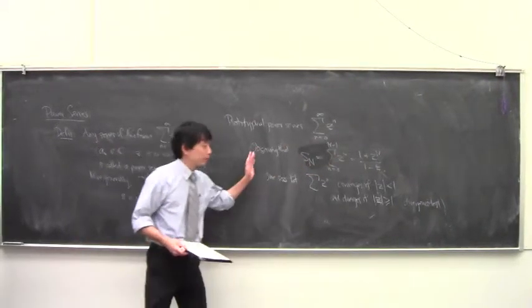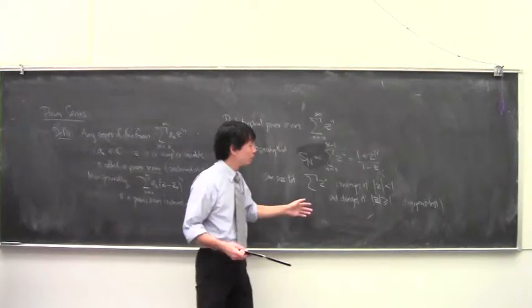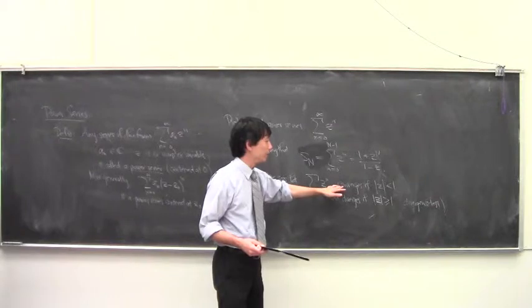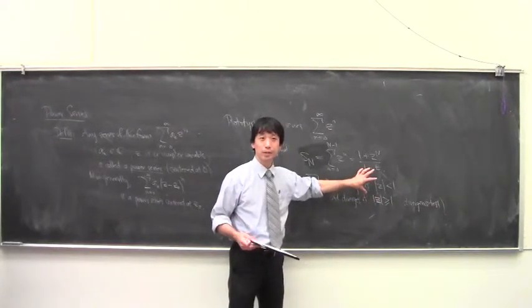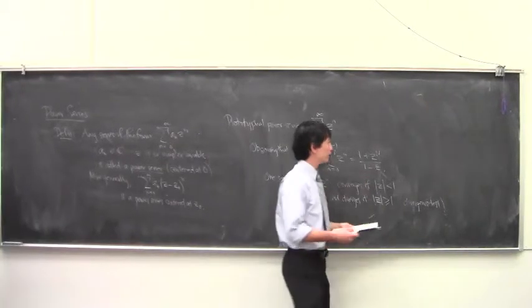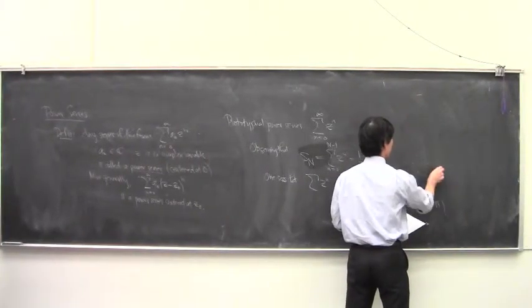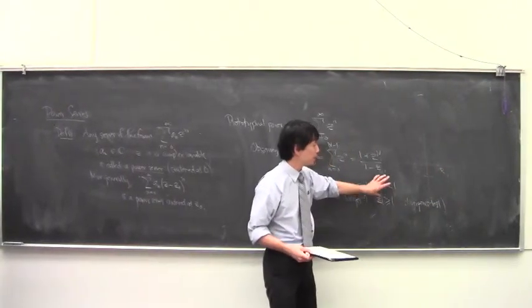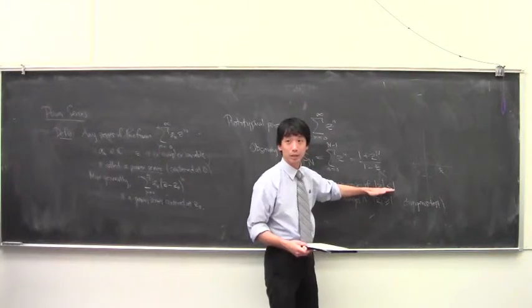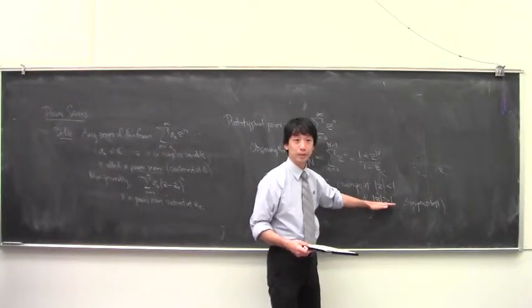So this is the typical power series, and what you notice about it is that there's a disk around 0 with a certain radius. Inside that disk, the series converges, and outside the closure of that disk, it diverges.